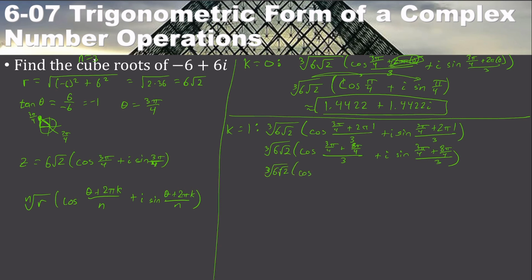So 3 plus 8 is 11 pi over 4 divided by 3. Well, fourths divided by 3 is just twelfths, so that would be 11 pi over 12.